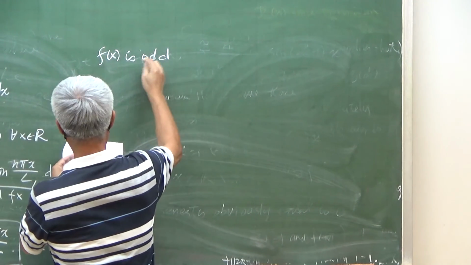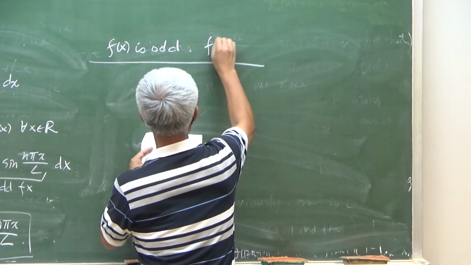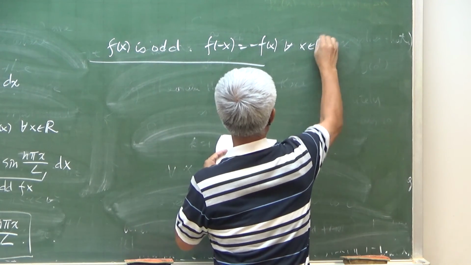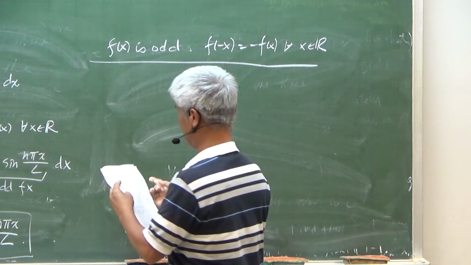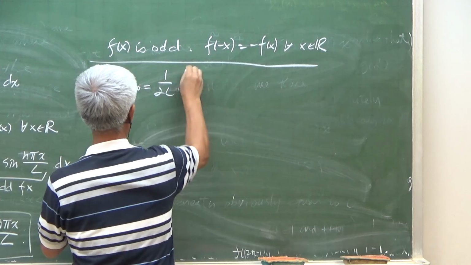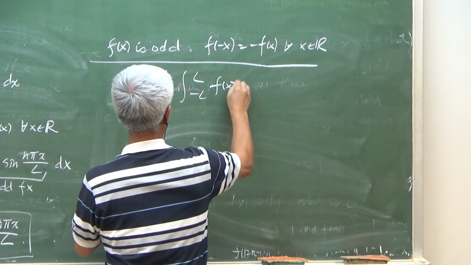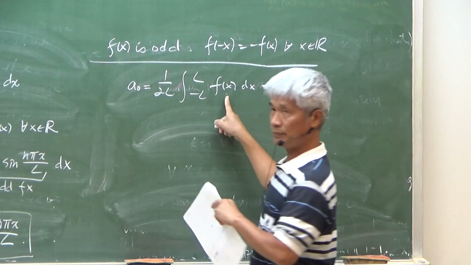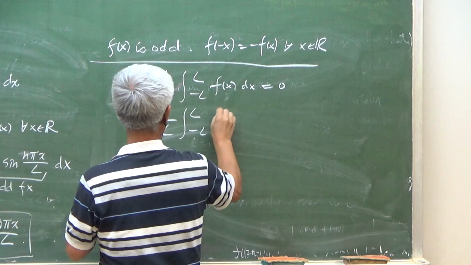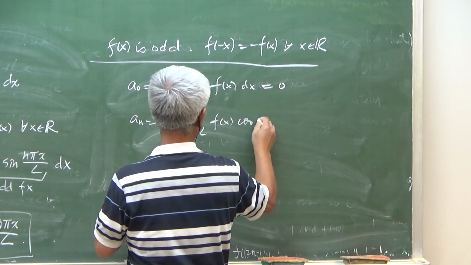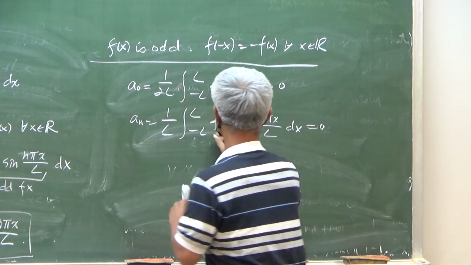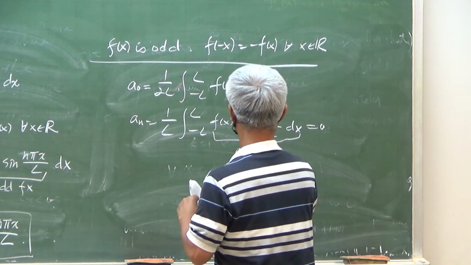If this is an odd function, it means that if the periodic function f is an odd function, then a0 is 0. Of course, 0, because this is odd. And the an is also 0, because this one is odd.